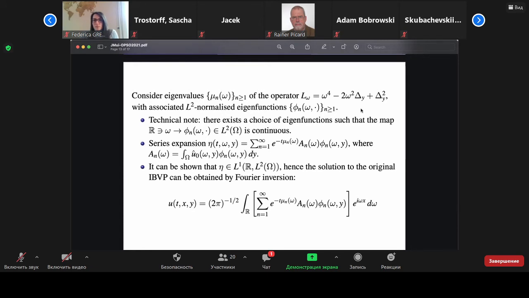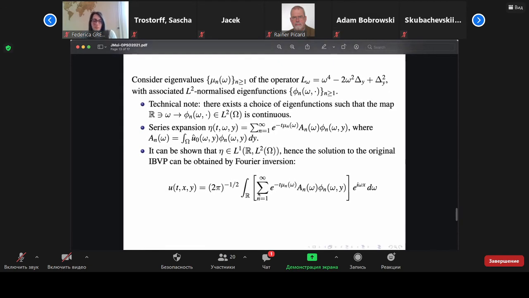Now from a separation of variables, we express the solution to this Fourier transform problem, this eta, by its series expansion, and we have the corresponding Fourier coefficients an. Once you prove that this eta belongs to L1 of R into L2 omega, we can use Fourier inversion, the vector valued version, to write the full solution as this kind of hybrid Fourier transform and series.